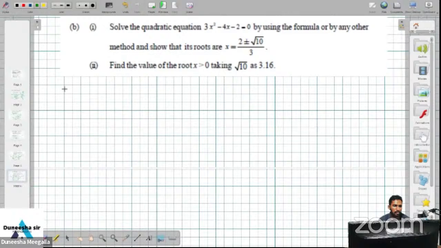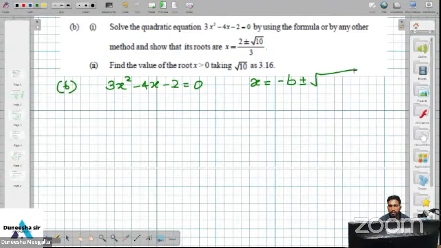You should solve 3x square minus 4x minus 2 equal to 0 by using the formula. What is the formula for finding the roots? x equal minus b plus or minus the square root of b squared minus 4ac, divided by 2a.